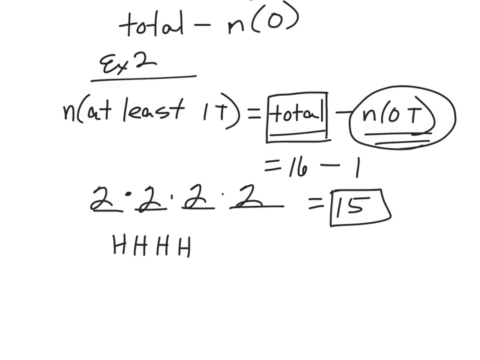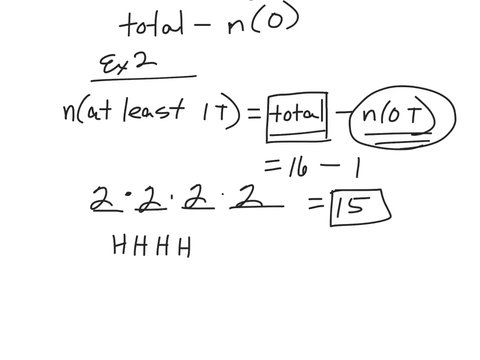Now, if I didn't use the complements rule there, what I'd have to do is figure out all the ways I could get 1 head, all the ways I could get 2 heads, all the ways I could get 3 heads, and all the ways I could get 4 heads, and then add all those together. So that'd be 4 different problems, and it'd take me quite a while. But if I just think about how many ways can I get 0 heads, that's 1 problem.